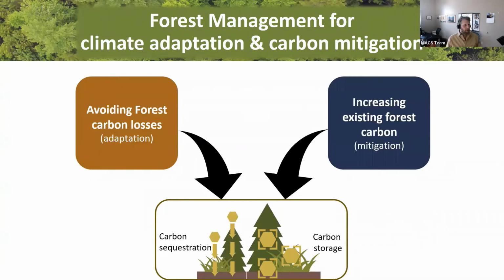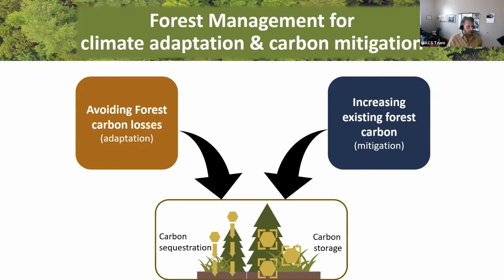The way my brain works is to put things into boxes, to categorize them. And I recognize that kind of approach doesn't cover us 100%. So this doesn't work perfectly, but I oftentimes think about this adaptation piece as being largely about avoiding carbon losses. What are our risks to our existing carbon stocks?